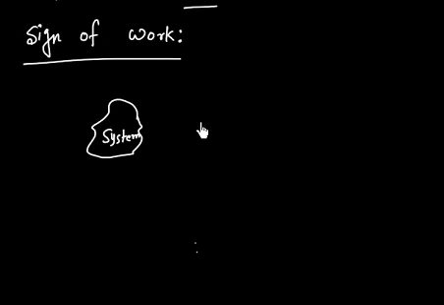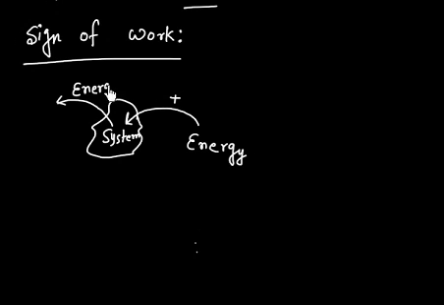If some energy flows into the system, that is, the system is gaining energy, we call this positive. If some energy goes out of the system, that is, the energy of the system has decreased, some subtraction of energy, we call this negative.